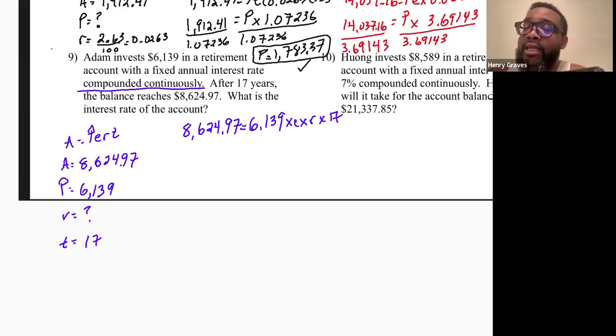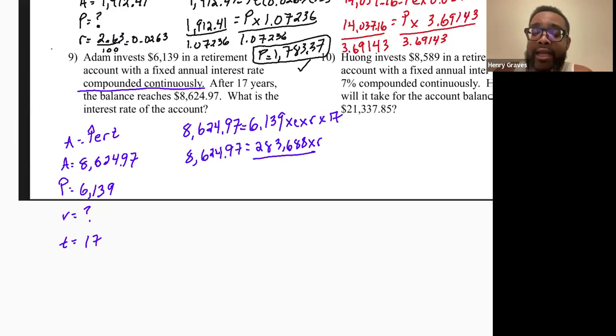Well, that's a lot of money. It's going to be 2,283,688 R equals 8,624.97. So I'm going to divide both of them by 283,688 on both sides.